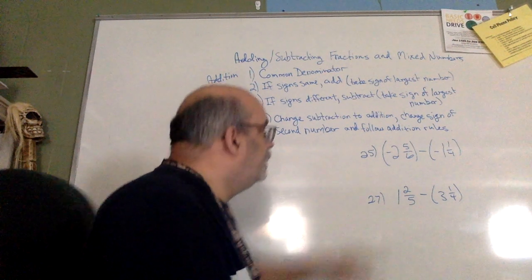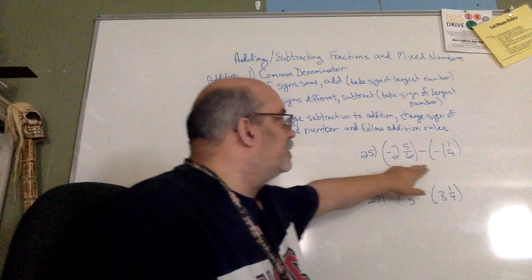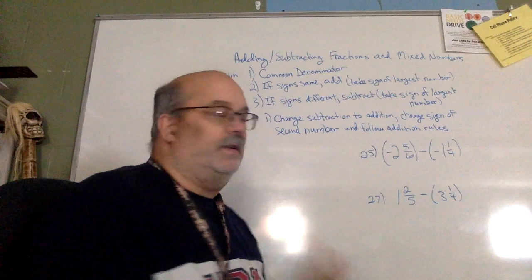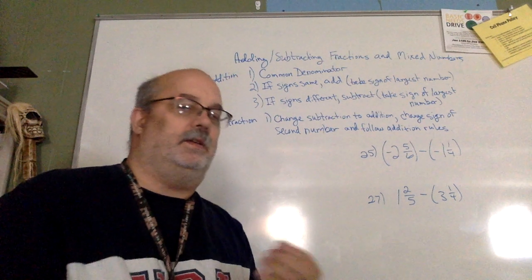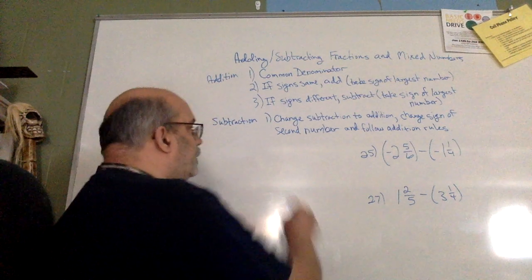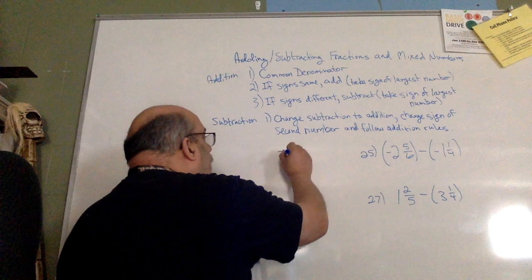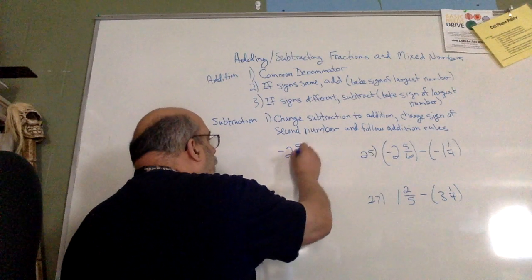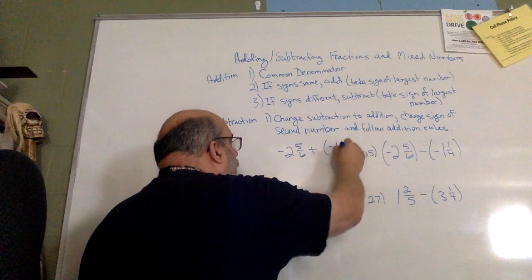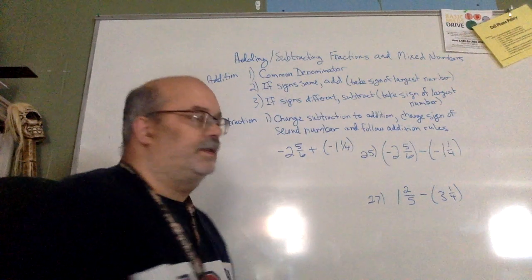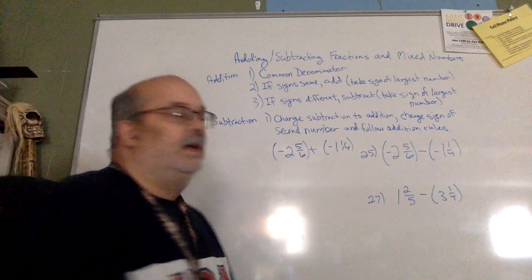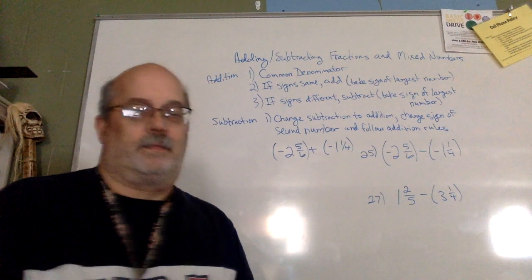Okay. So negative 2 and 5/6 minus negative 1 and 1/4. First off is a subtraction. We need to change the second one to addition and change its sign. This gives us negative 2 and 5/6, put that in parentheses, plus negative 1 and 1/4.